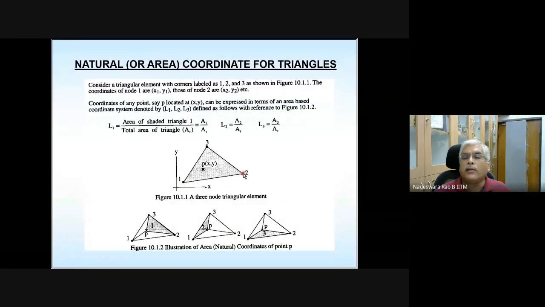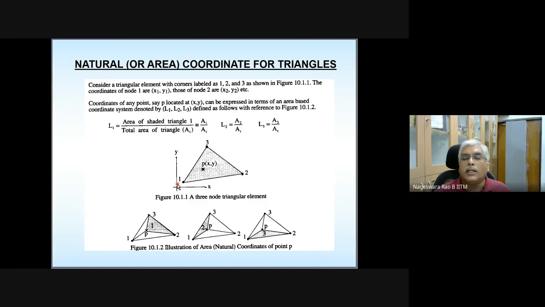What is L1, L2, L3 for node 2? What is L1, L2, L3 for node 3? And you agreed with me in the last class, L1, L2, L3 for node 1 are 1, 0, 0. And here they are going to be 0, 1, 0. Here they are going to be 0, 0, 1.